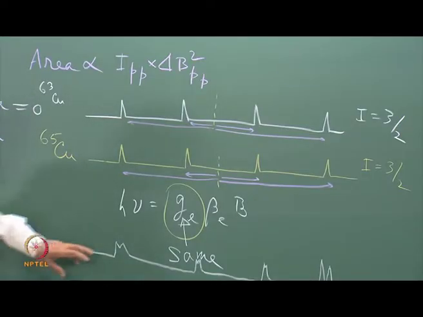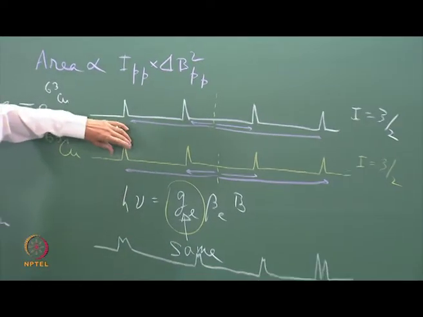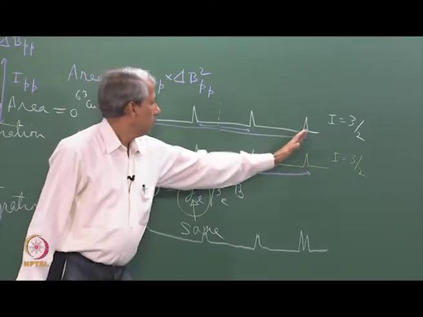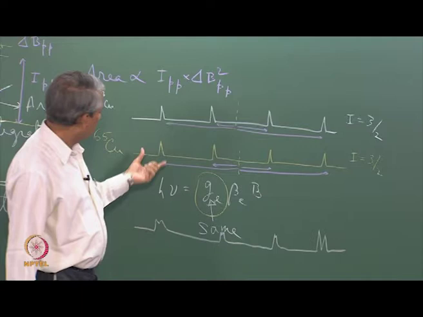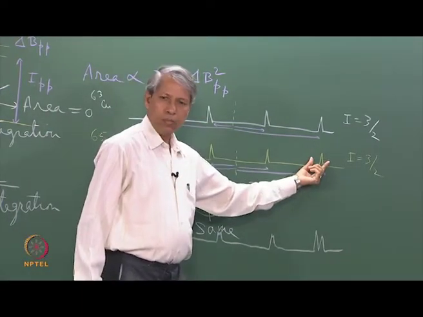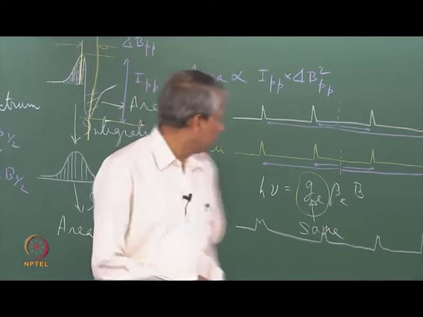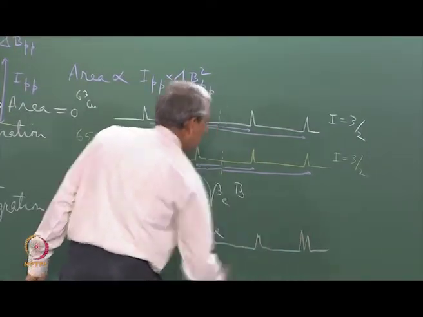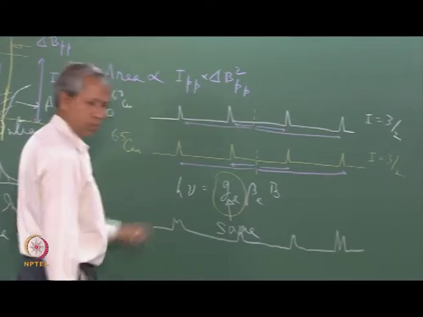On top of that, the widths of these are not the same across from right to left. The widths are more here and least here. So, what happens in the process? The resolution is going to be such that this will be seen much more clearly than this one.